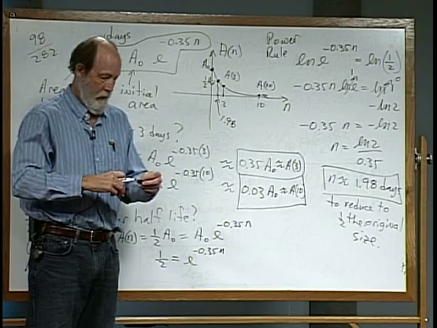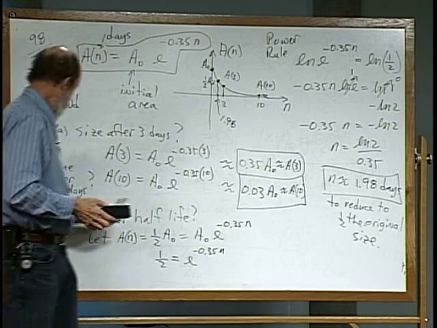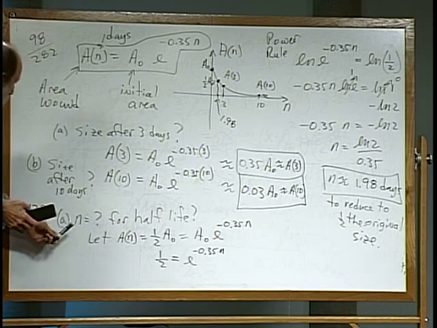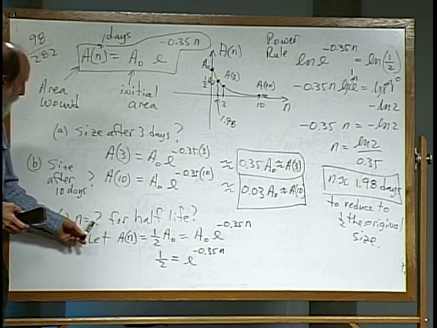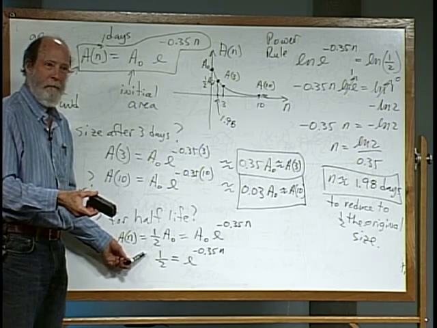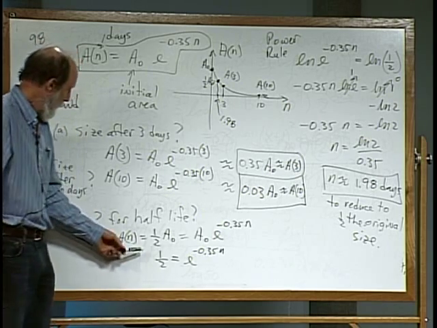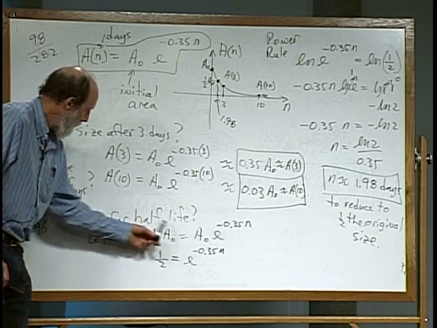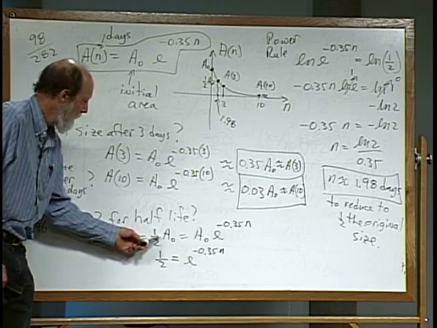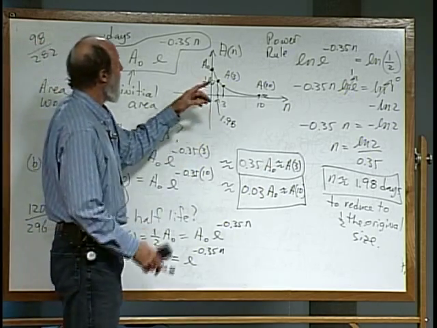Okay. The last part of this second quarter in the book was how many days does it take for the wound to get down to 10% of its original size. So this future value here is going to become 0.1 of the original amount. And you can just track it in the math here.